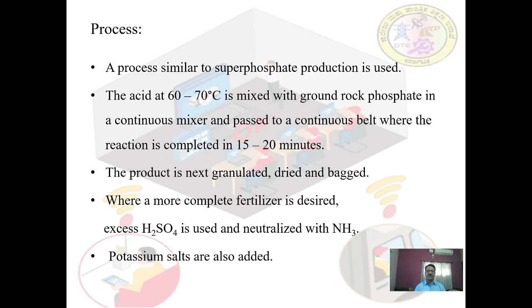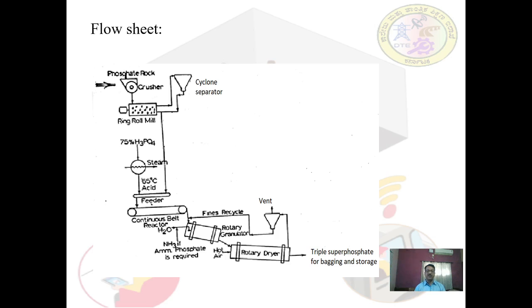The product is next granulated, dried, and bagged. If a more complete fertilizer is desired, excess sulfuric acid is used and neutralized with ammonia, and potassium salts are also added. Potassium salts means potassium chloride is also added to this. This is the flow diagram for the production of triple superphosphate.